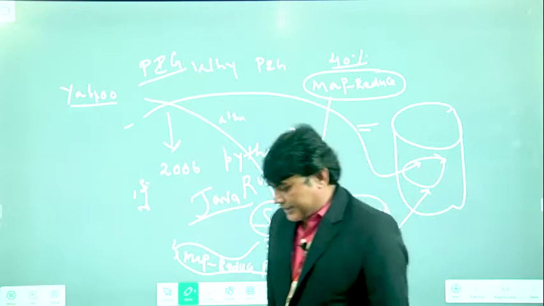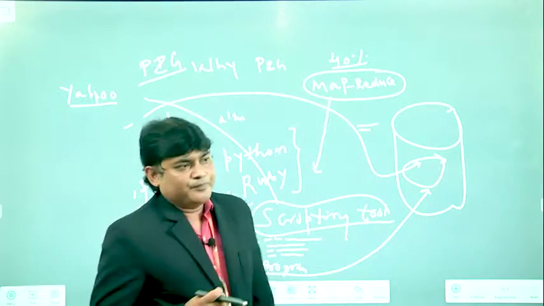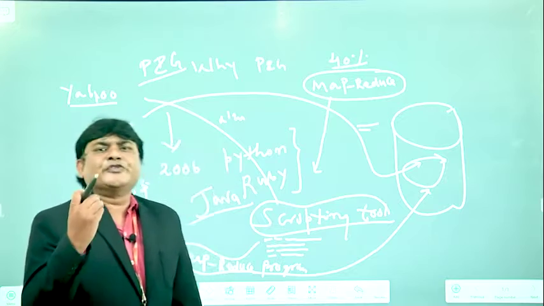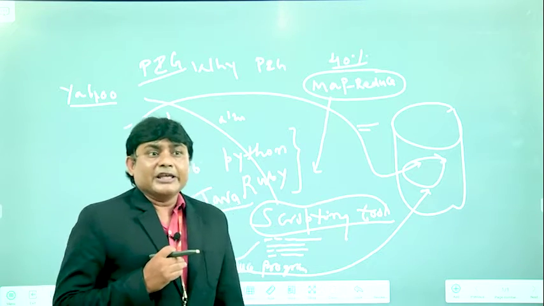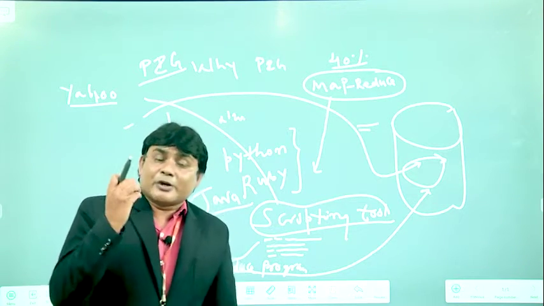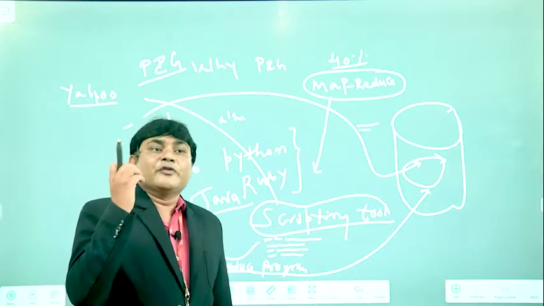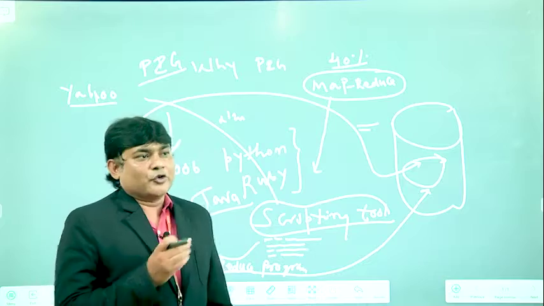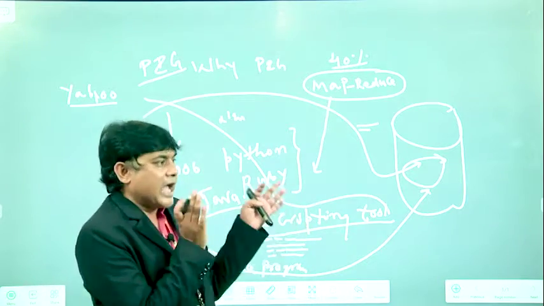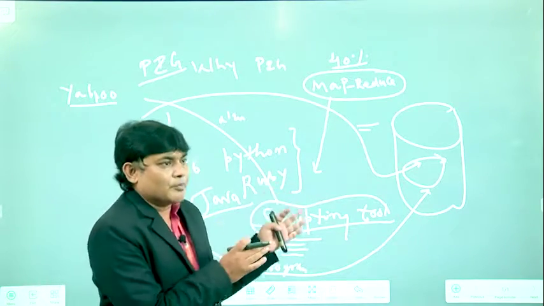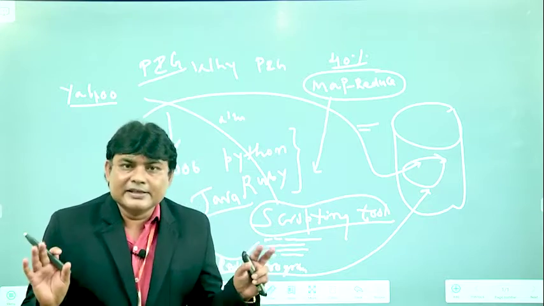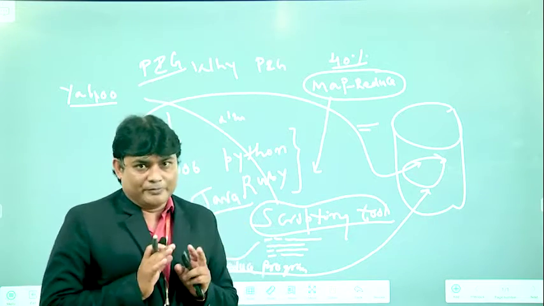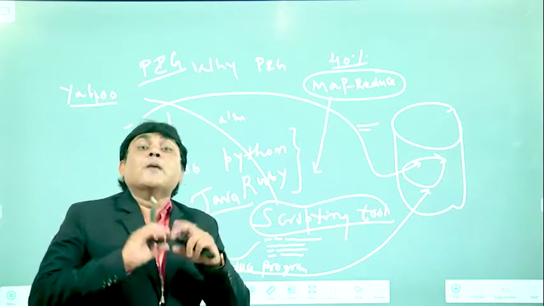And one more thing is that the scripting language is a very beautiful language, because we can write fewer lines and get better solutions. Suppose I have a problem, for the same problem I can write only 10 lines and get the solution, because a scripting language is totally optimized.